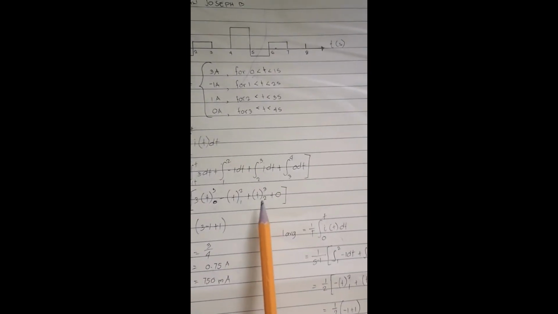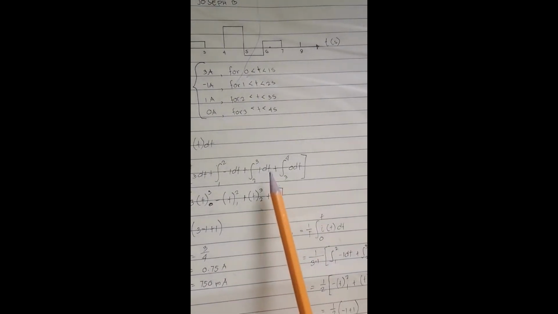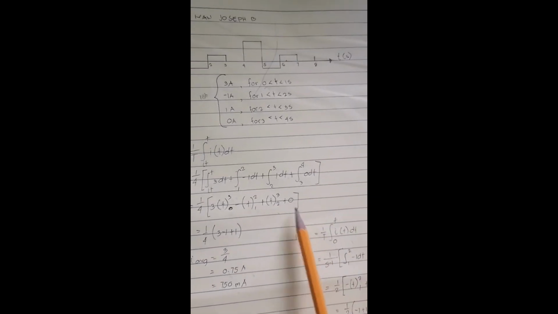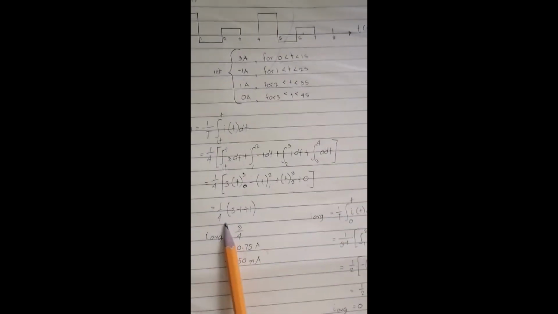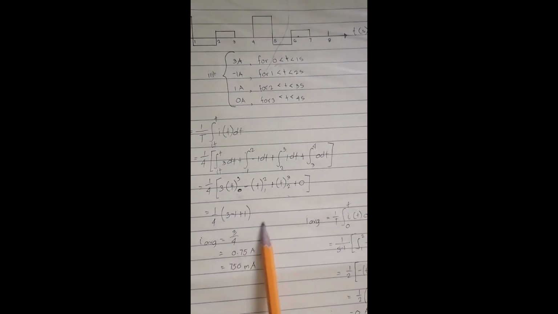So the rest is just the integral of dt, and that is t, raised to 3 sub 2. The integral of this last one is equivalent to 0. By computing this, it would result to 1/4 times (3 minus 1 plus 1).